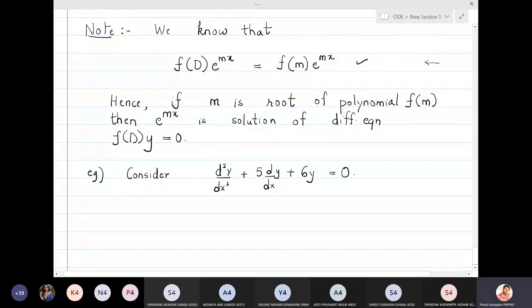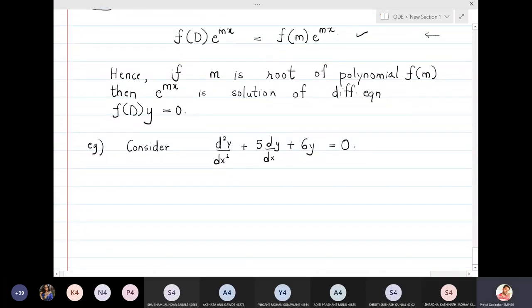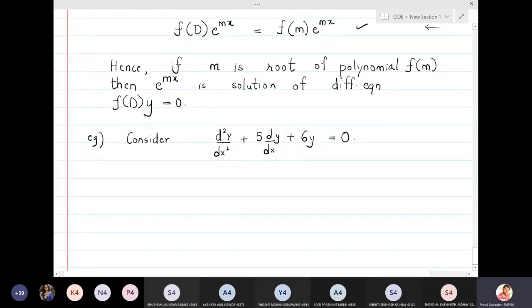Now how will I do this? So first, this is actually very simple. Once you understand it, it is very simple.